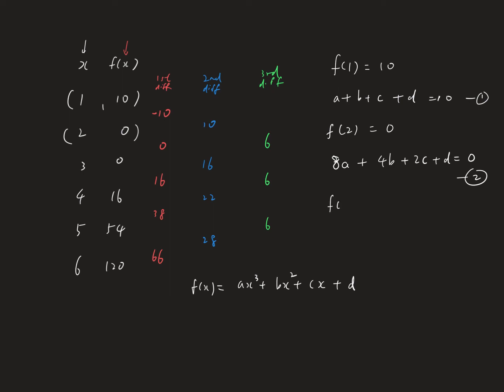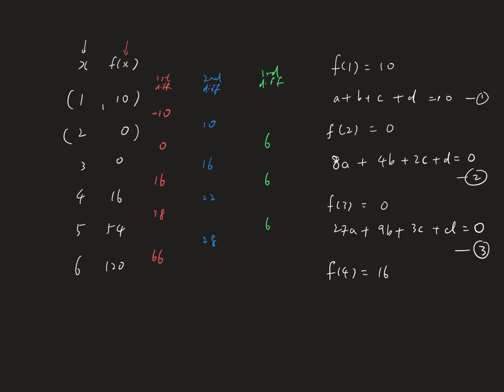And then we have f(3) equals 0, and therefore we have 27a plus 9b plus 3c plus d equals 0, and we have equation 3. And finally, we have f(4) equals 16.